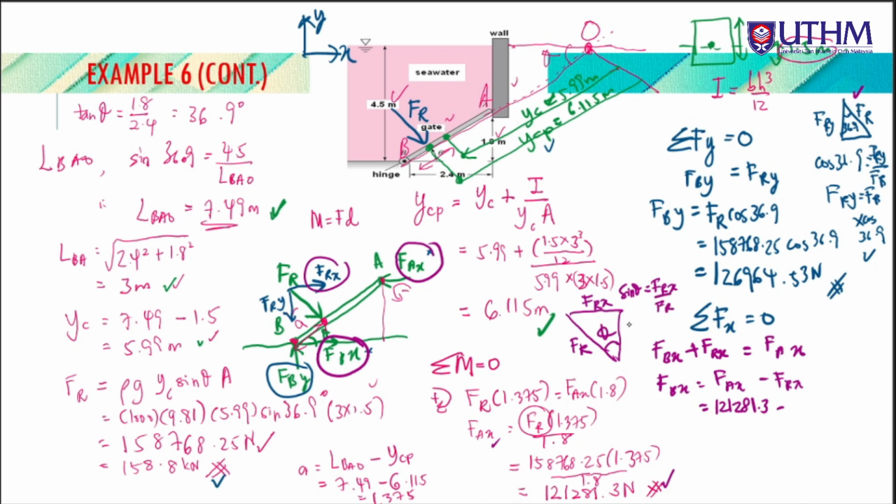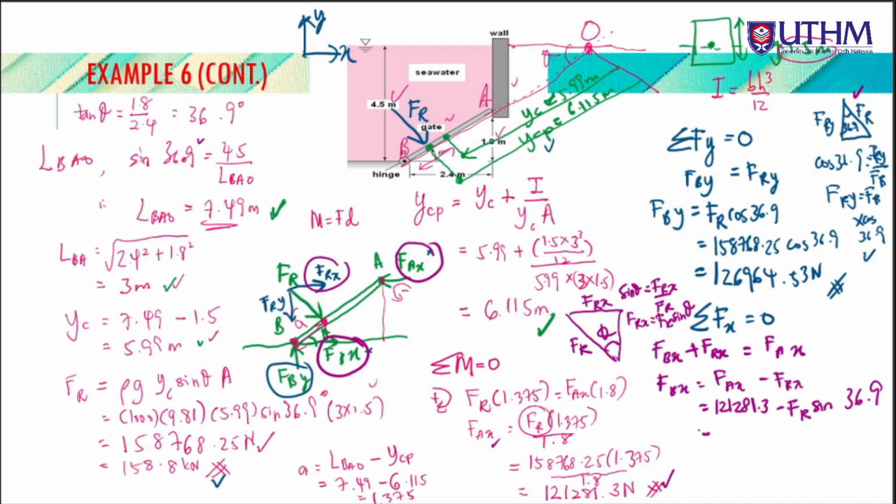Okay, so FRX equals to FR sin theta, in which theta is actually equal to 36.9 degree. So FRX ni adalah juga sama dengan FR sin 36.9.